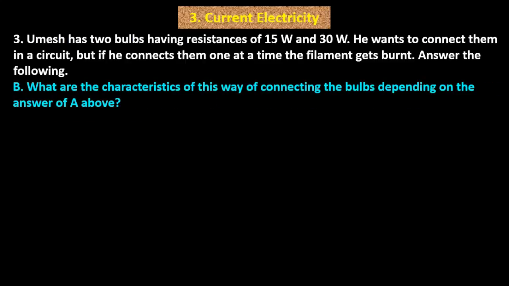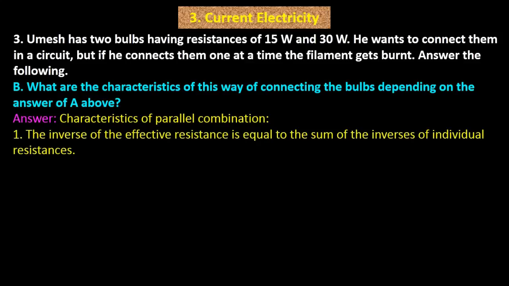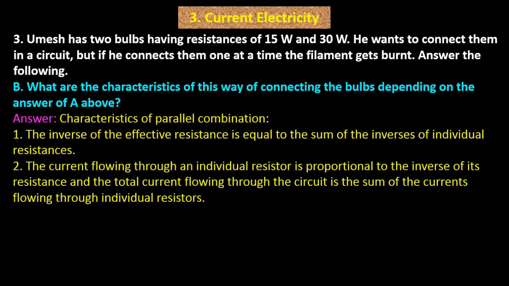B. What are the characteristics of this way of connecting the bulbs, depending on the answer of A above? Answer. Characteristics of parallel combination. 1. The inverse of the effective resistance is equal to the sum of the inverses of individual resistances. 2. The current flowing through an individual resistor is proportional to the inverse of its resistance, and the total current flowing through the circuit is the sum of the currents flowing through individual resistors. 3.